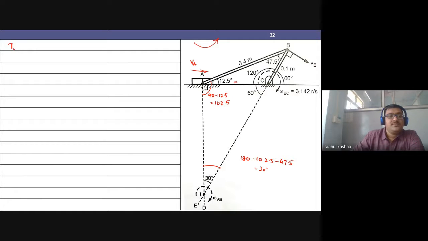So to find VB, VB equals BC into omega BC. Length BC is 0.1 meters, into omega BC, which is 2 pi into 30 divided by 60.